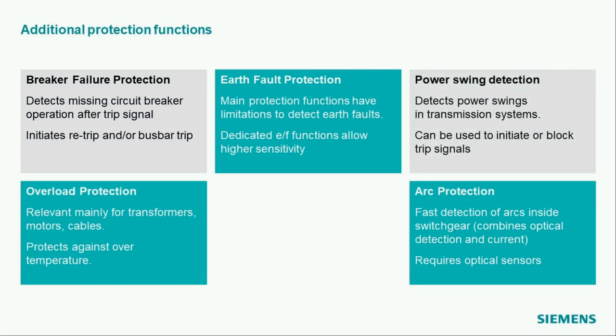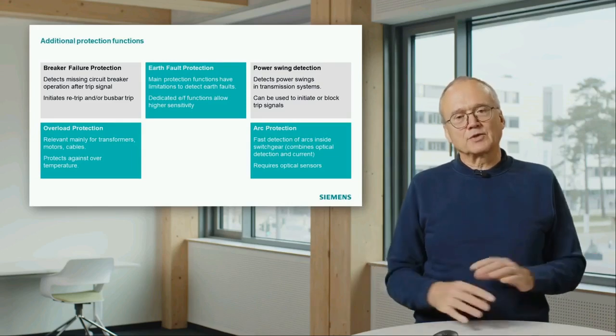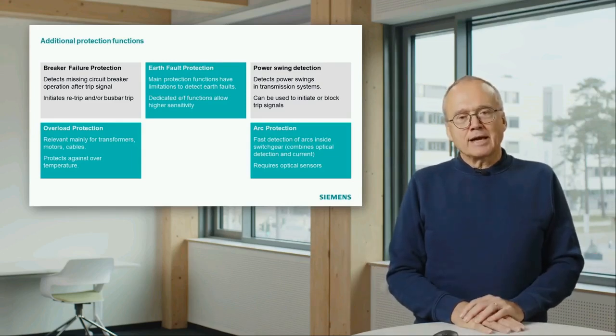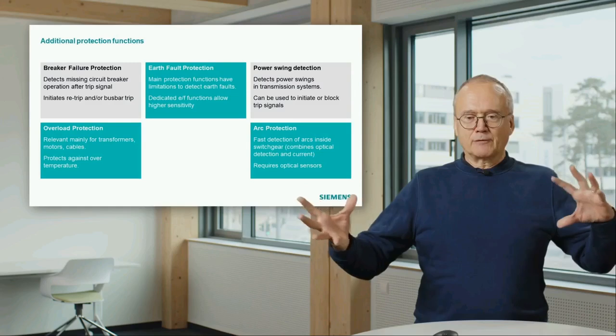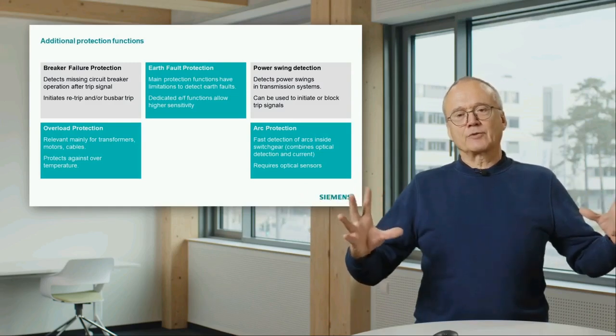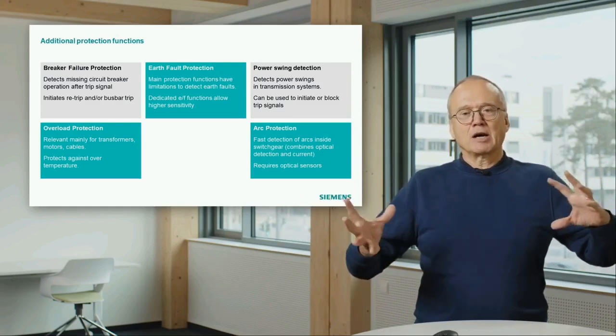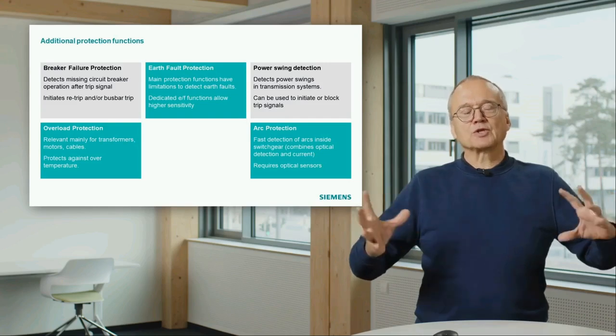Another thing I'd like to mention is the power swing detection function. That is a thing which is important in transmission systems. In transmission systems, especially if you have large systems or if you have weak systems, you may have situations where different areas of your network start somehow with oscillations.